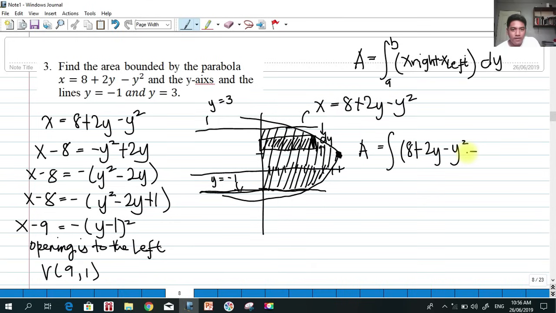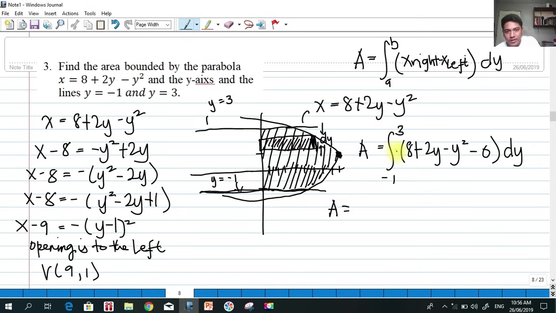What would be our x left? The left side of the strip touches the y-axis. That is not a curve, that is an axis, so that should be 0. The y limits from -1 to 3 are given by the lines, right?